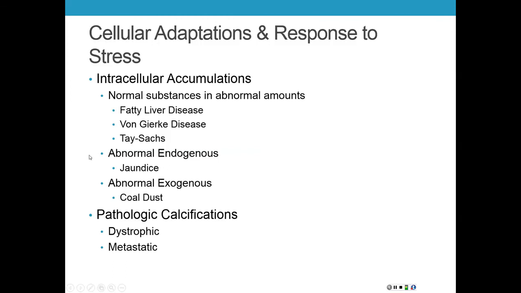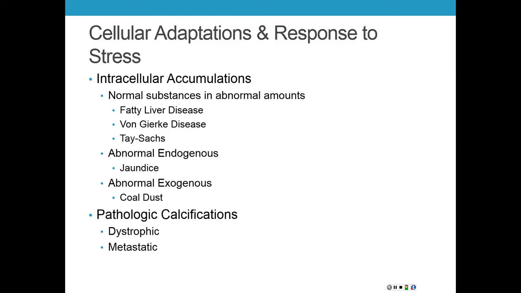Then you have what we refer to as abnormal endogenous substances. These are abnormal things that are not normally something we accumulate in the cell, but they do come from an internal environment. Jaundice is an example of an intracellular accumulation of something abnormal.